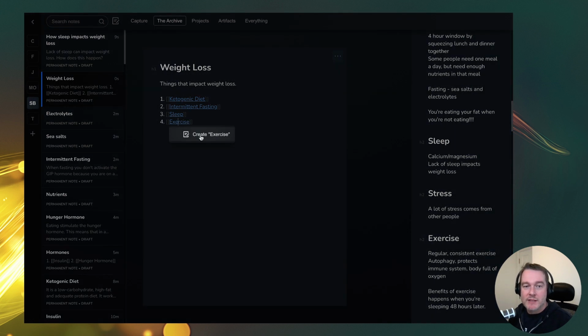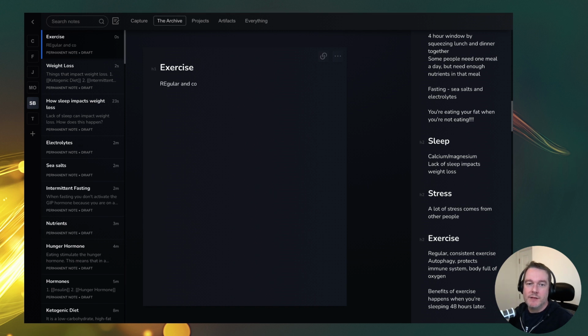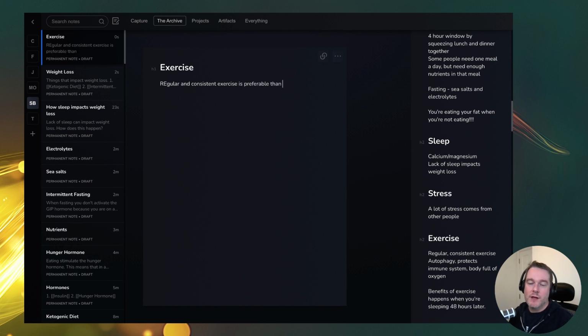So here we go, exercise. So what do we know about exercise? Regular and consistent exercise is preferable to infrequent but more intense exercise.